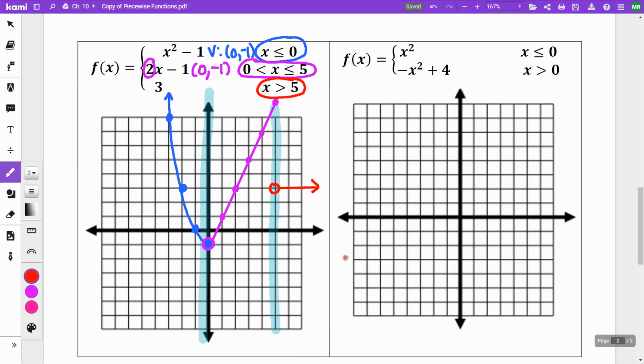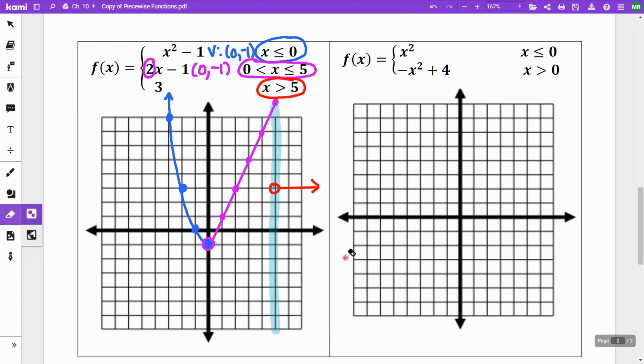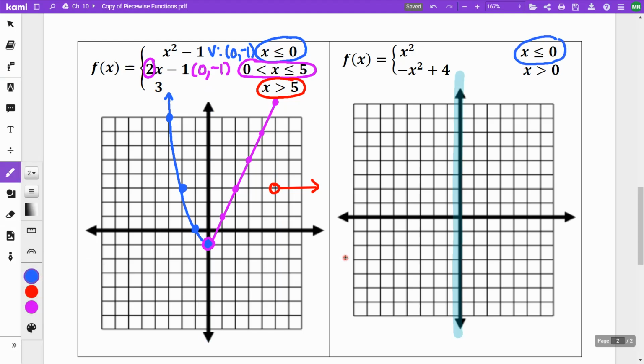On the next one, I have 2 parabolas. Now, these 2 parabolas are, and hold on, I can come and take this from here. Okay, I don't need those. Over here, I want on either side of 0, in this case, I'm going to have 2 separate pieces of graph. So this one is going to be for my basic parabola, which has a vertex at 0, 0, and the 0 is included.